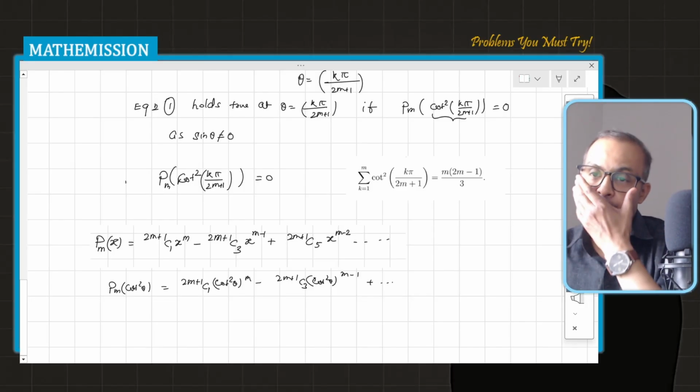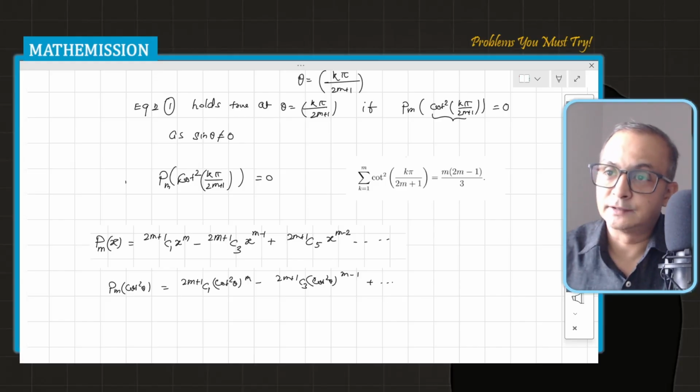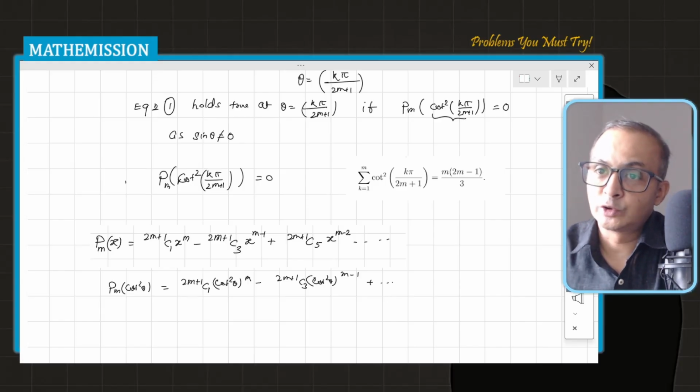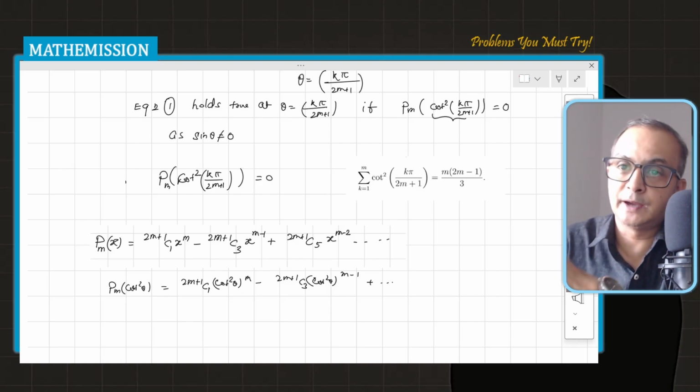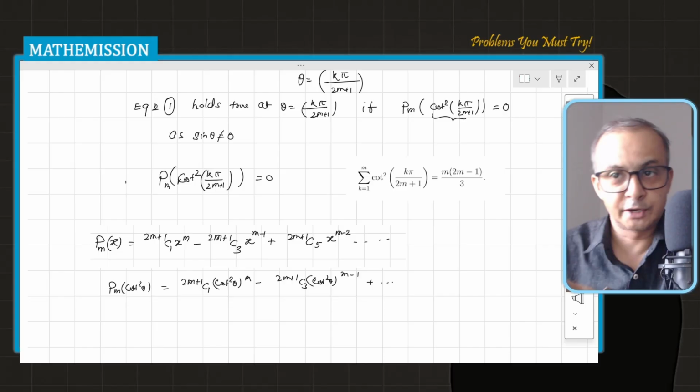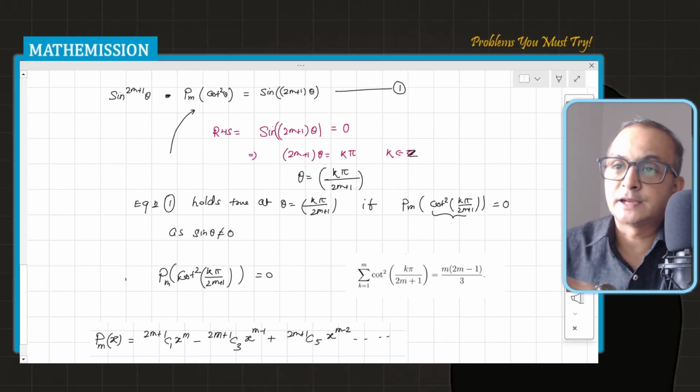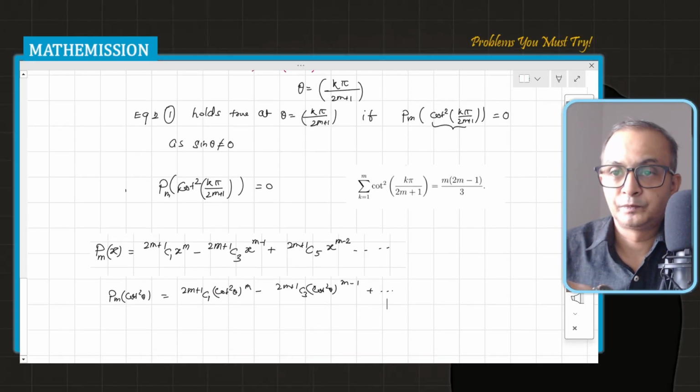Now notice when we substituted theta, k equal to 1, the first theta is pi by 2m plus 1. At that particular theta, the left hand side and right hand side become 0.